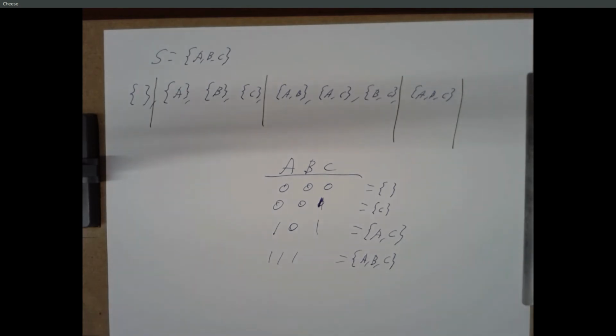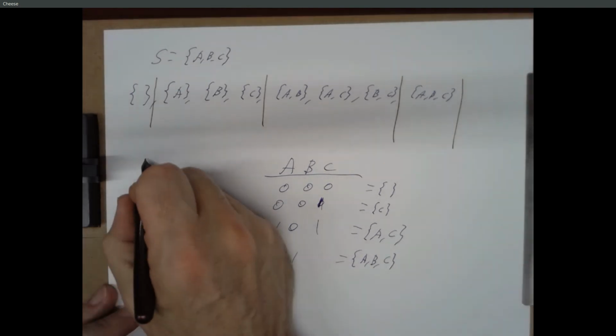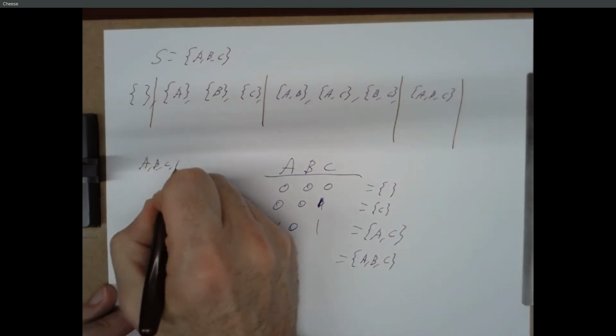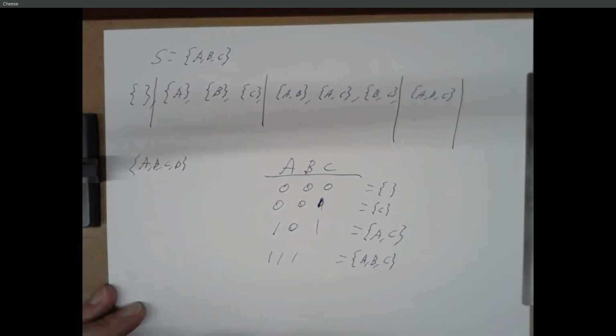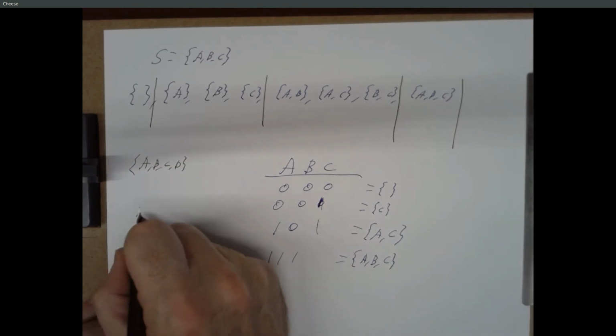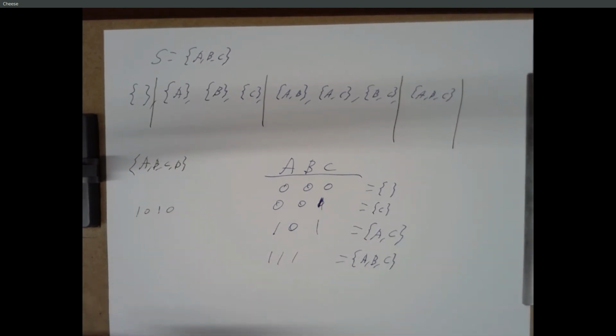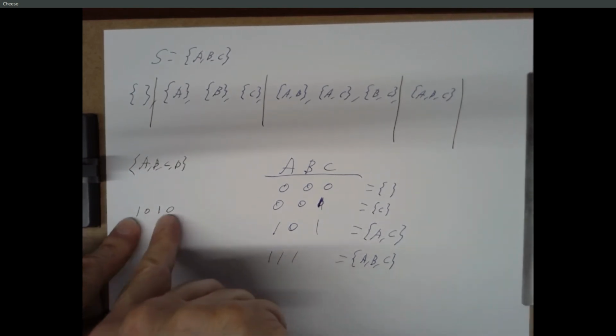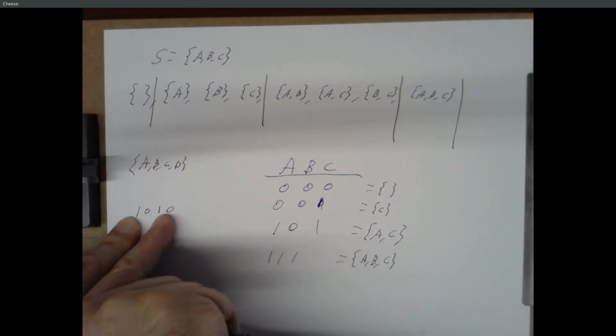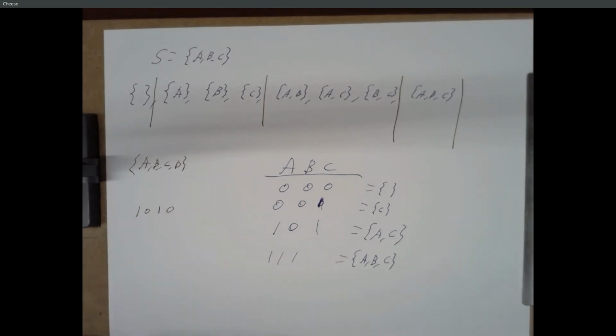And if we have 4 elements, we can associate with each subset a 4-bit string. This would be the subset A and C. So how many 4-bit strings are there? 16. How do we know that? 2 to the 4th.